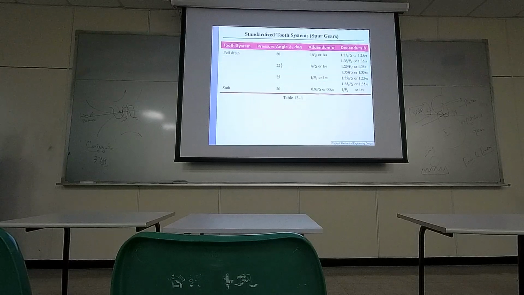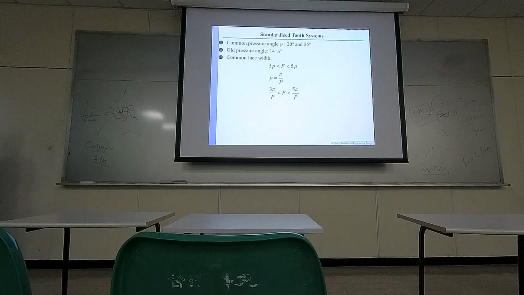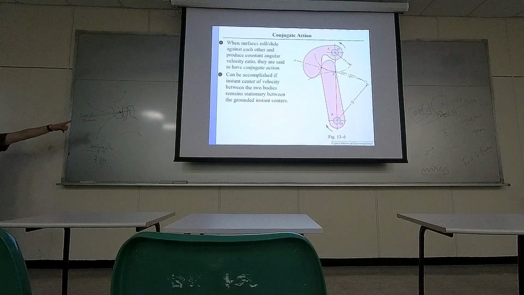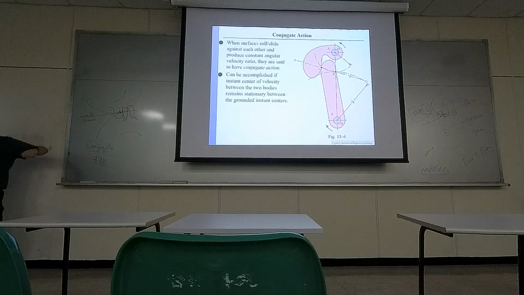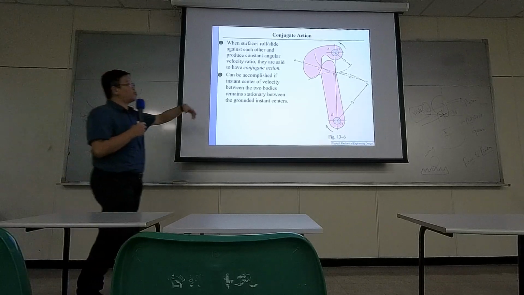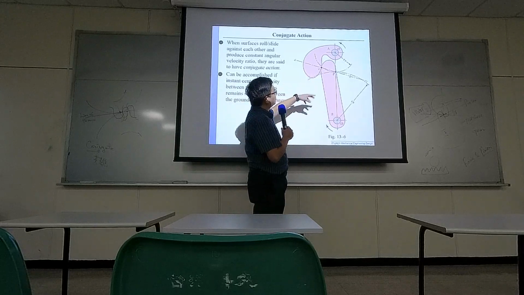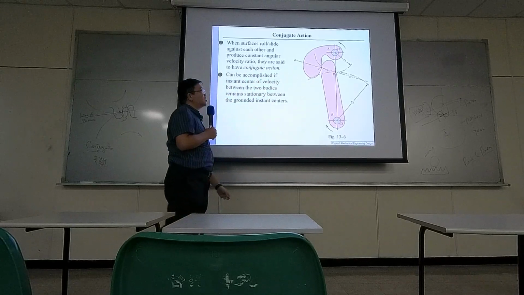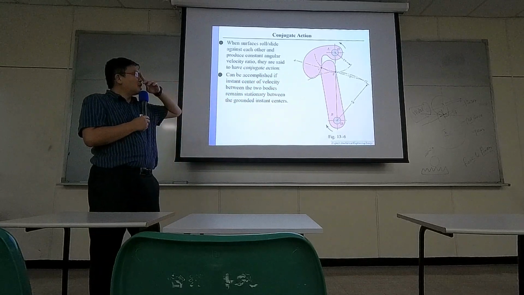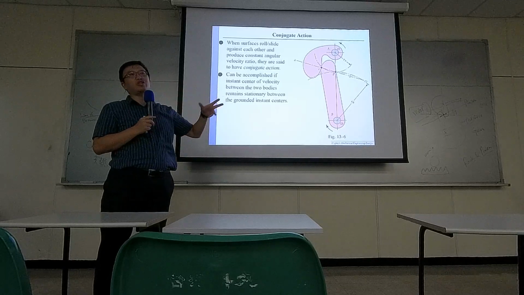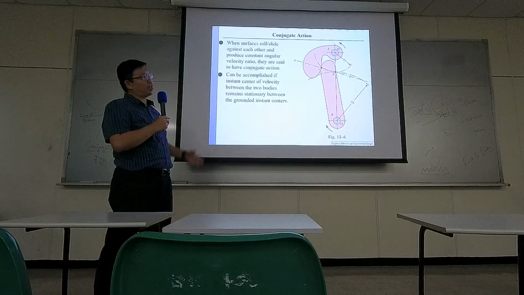Okay, let me move on. This is basically the conjugate action that I'm talking about. And why are they drawing the shape in this unique dimension, in unique shape? This is just an illustration of conjugate action.